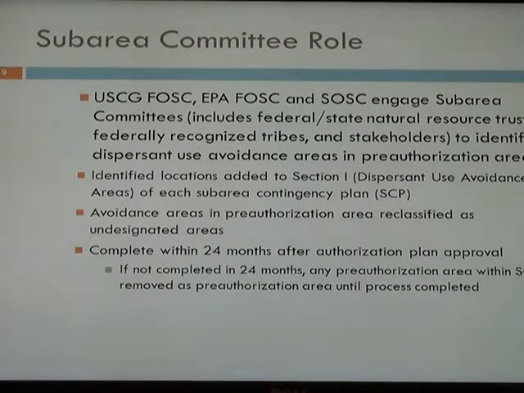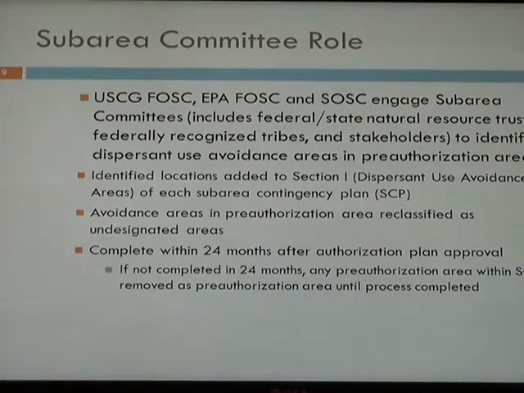Once we do that, those identified locations are going to be added to Section 1 of each sub-area contingency plan. So within Bristol Bay and the Aleutian Islands sub-area contingency plans, there's going to be a special section called Dispersant Use Avoidance Areas that will include those areas that will be used by responders whenever there is an oil spill.